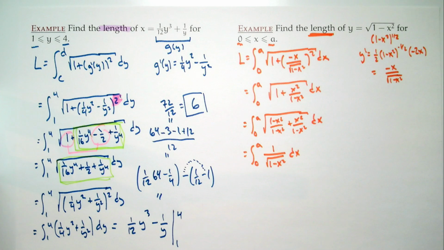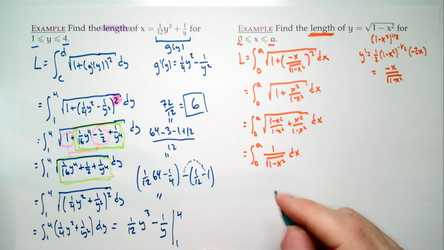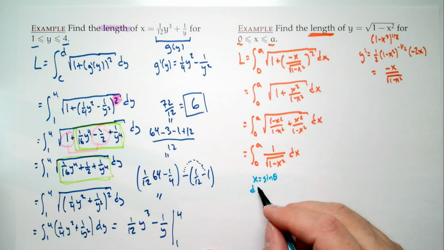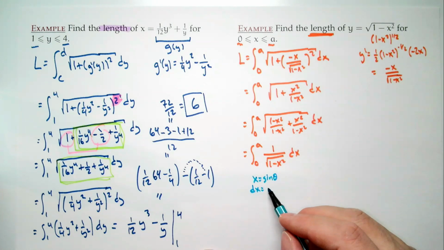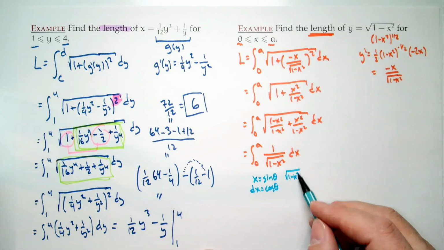Trig sub. What trig sub do we need to make? This is a sine one. A squared minus u squared. So if you let x equal sine theta, what will dx equal? Cosine theta. The square root of 1 minus x squared, what would that equal?